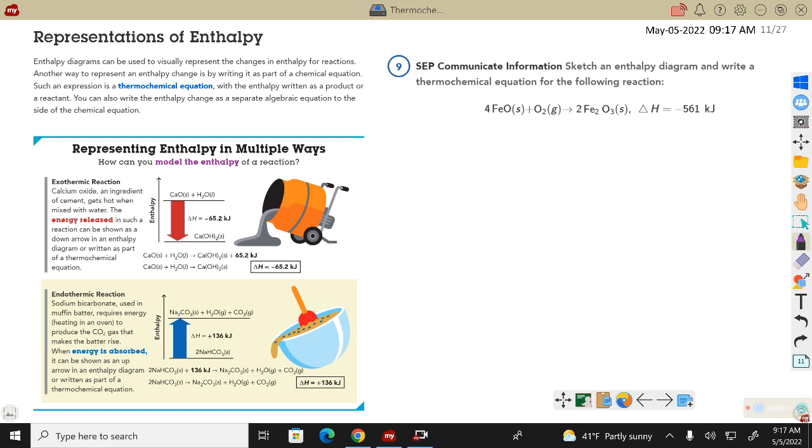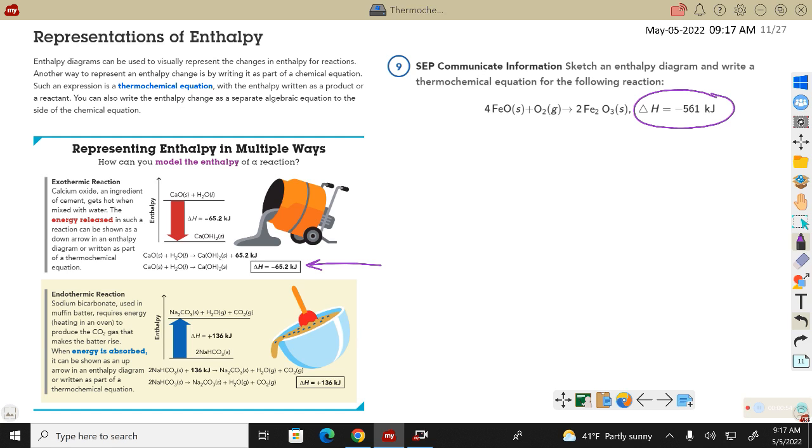Option one is that you might see something where at the end of a reaction, they might just say, oh, by the way, the delta H is negative 65.2 kilojoules. Or kind of like in number 9, when they're saying, hey, by the way, the delta H, the change in heat energy for this chemical reaction, is negative 561 kilojoules.